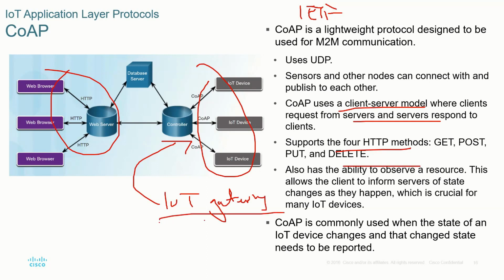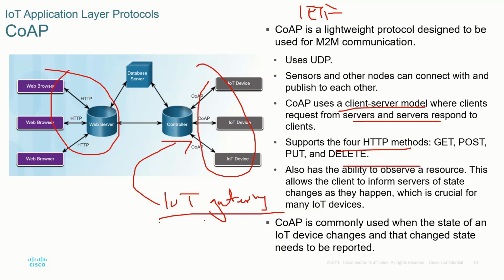If you think about it, MQTT is good for what? Sensor networks. MQTT is very good for sensors. It's just collecting data, and then at a central place, whatever message they are going to do.